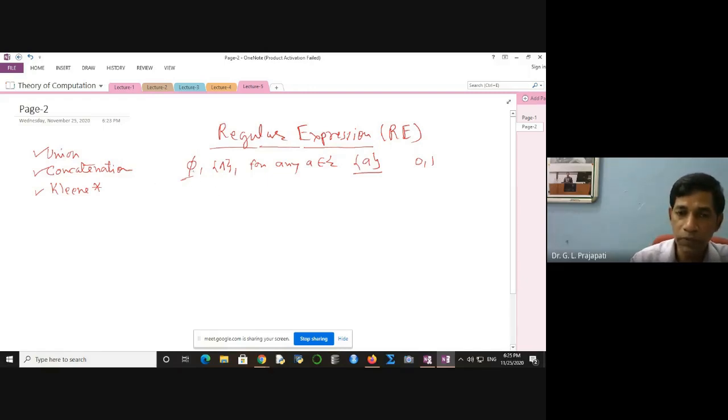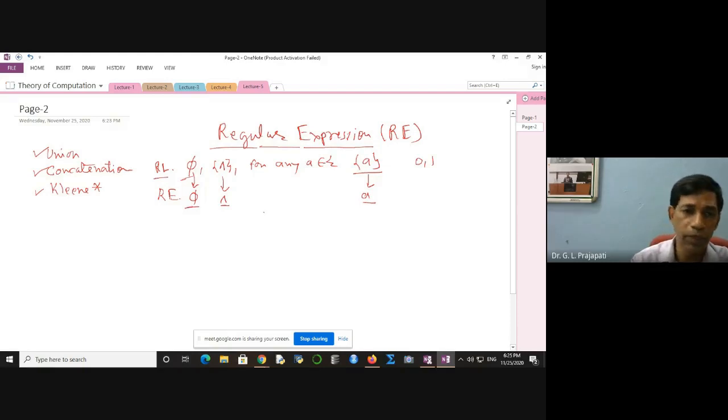Corresponding to this, if you write the corresponding regular expression for these regular languages, then this can be represented as this, and this can be represented as the simple null, because we know that in regular expressions we don't use the curly braces, and this can be represented with this. So these are the basic regular expressions.